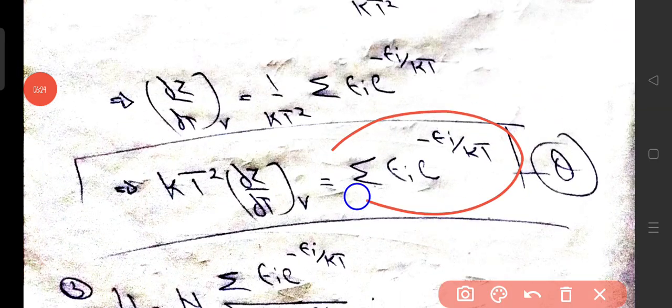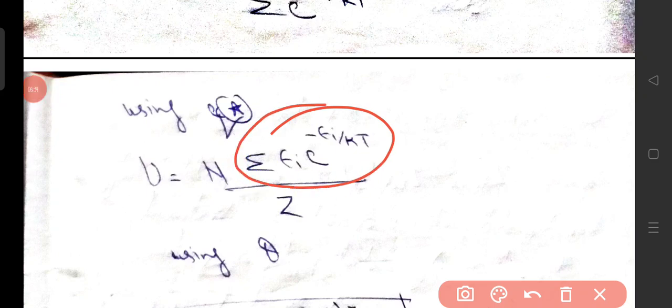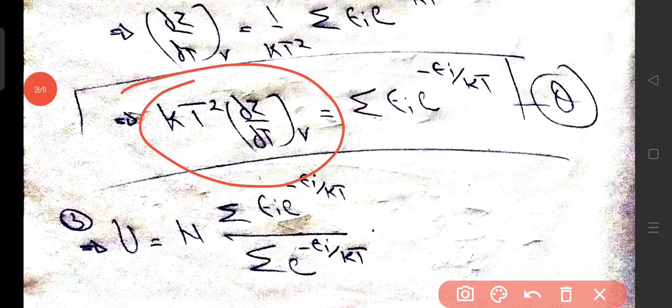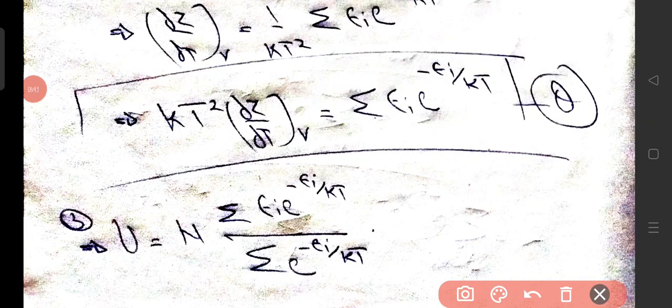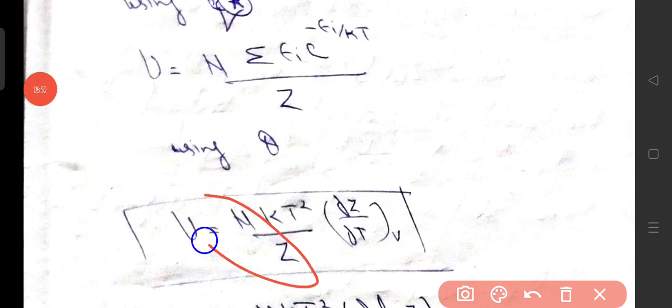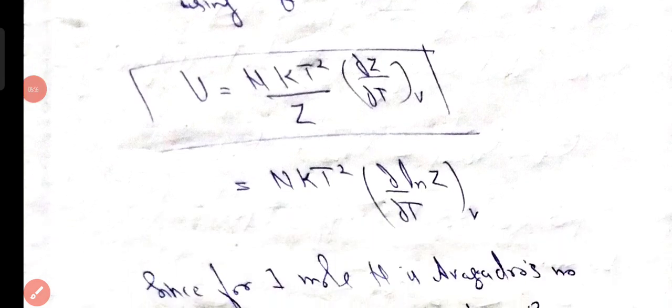So put this whole value of the function in this place, and you will get N divided by Z into kT square dZ divided by dT at constant volume.